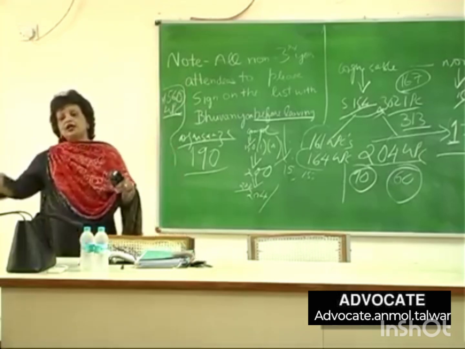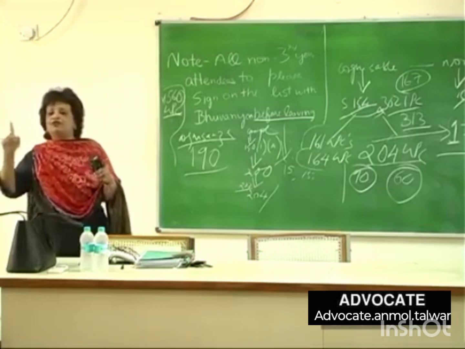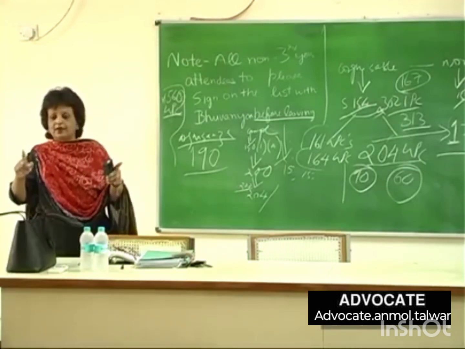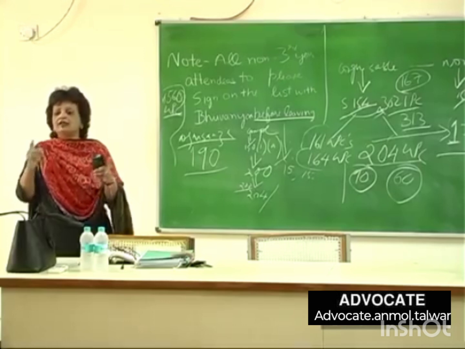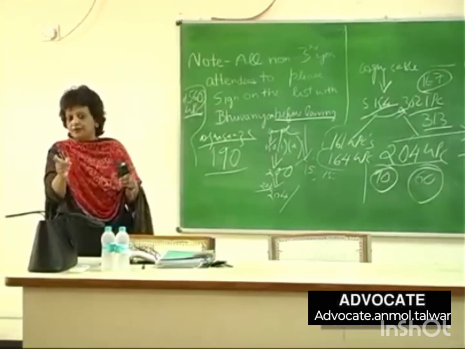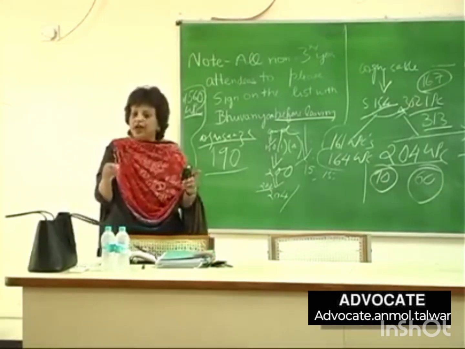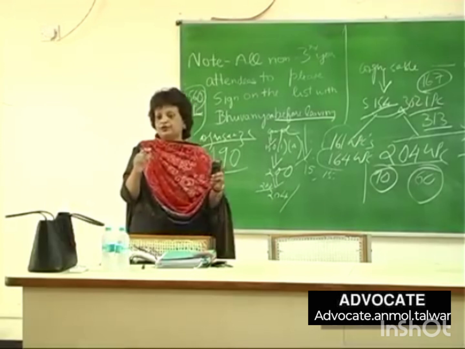Summons case procedure, starting from 251, is the second type of procedure followed by the magistrate. Now, all of this depends on the punishment attracted to a particular section. That's how you decide which procedure will be followed. You also have, in some cases, summary case procedure.